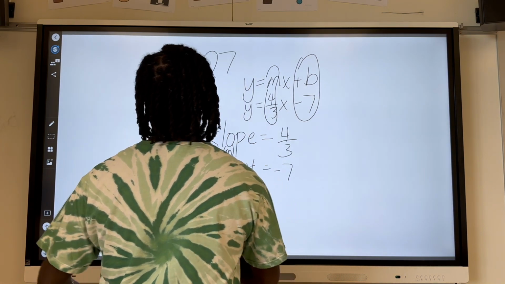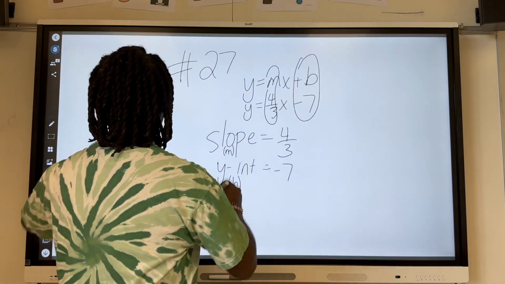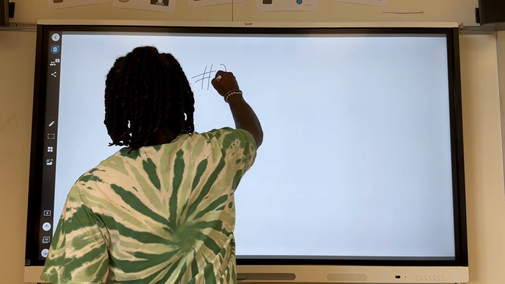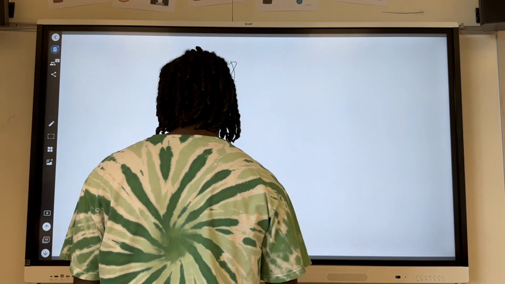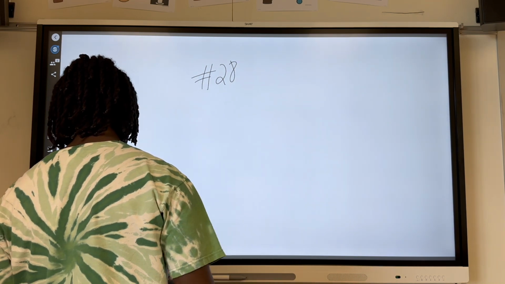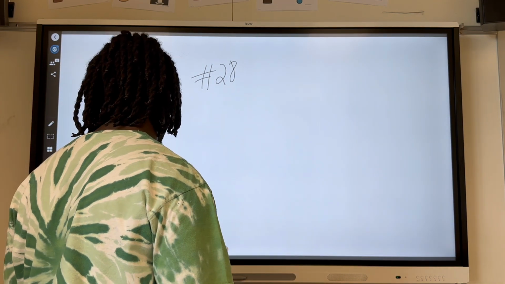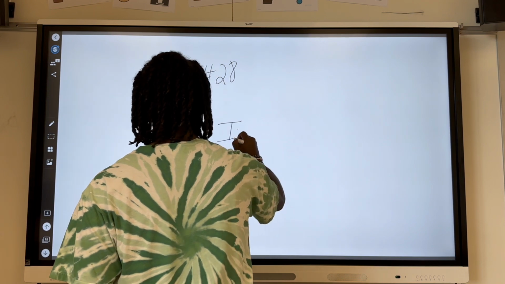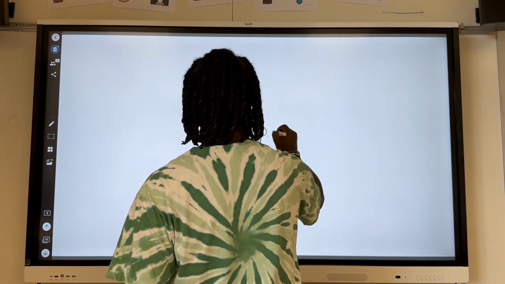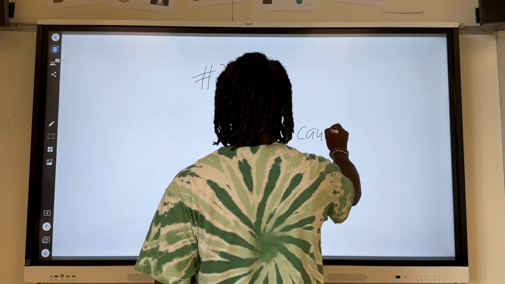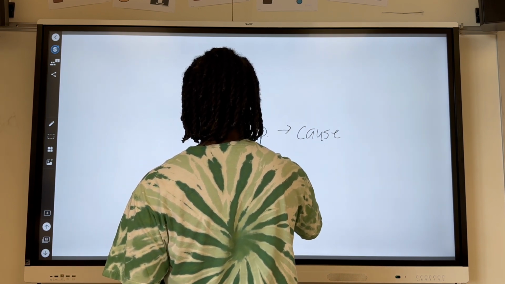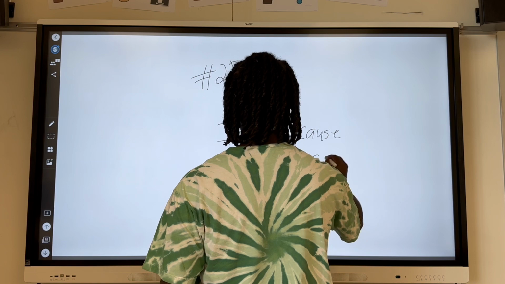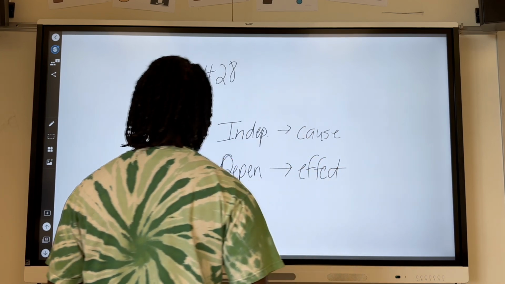Okay. Question number 28. It says, you know, you're selling candy bars to get money to purchase new equipment. What is the independent variable? Okay, so the independent, you need to remember, is the cause. The dependent is the effect. So which one causes the other?